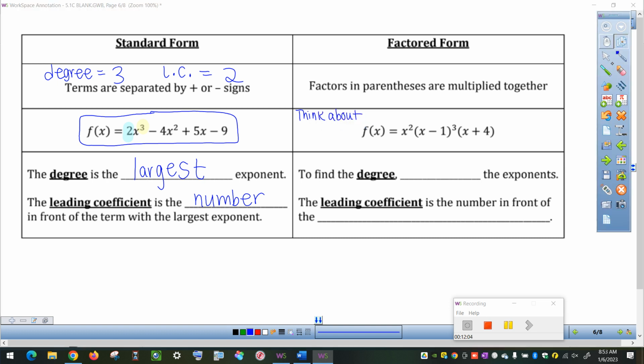The first factor is x squared. So I'm going to think about an x squared being multiplied by however many x's I have represented in the second factor. In the second factor, notice that we have an x inside parentheses that's being raised up to the third power. What's represented there is an x to the third.